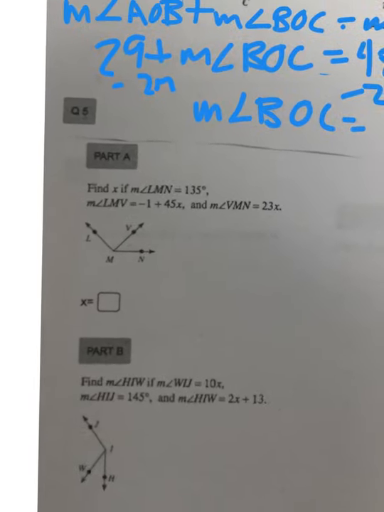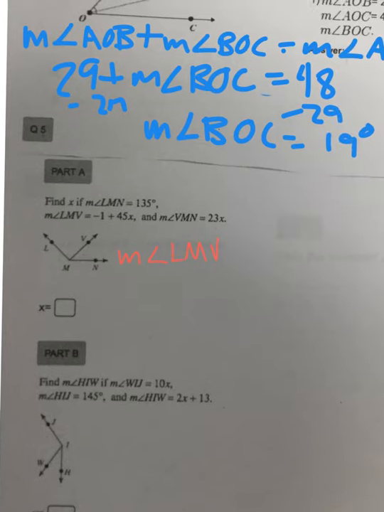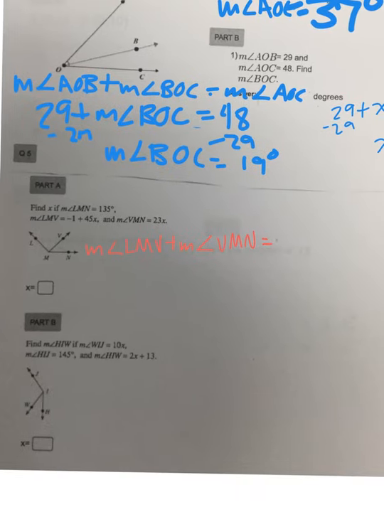Okay. So here on number 5, part A, we're going to start the same way we always do. So I have the measure of angle LMV plus the measure of angle VMN equals the measure of angle LMN.